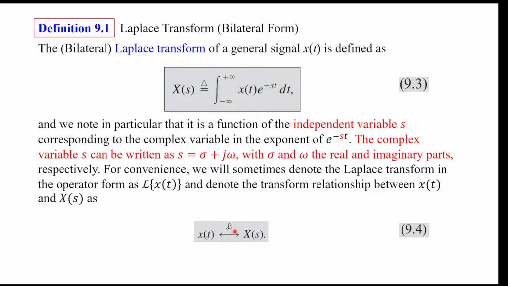The double arrow means that small x and big X are a Laplace transform pair. This is the definition of the Laplace transform. The equation is pretty easy: you just do an integral, but now s is a complex number.